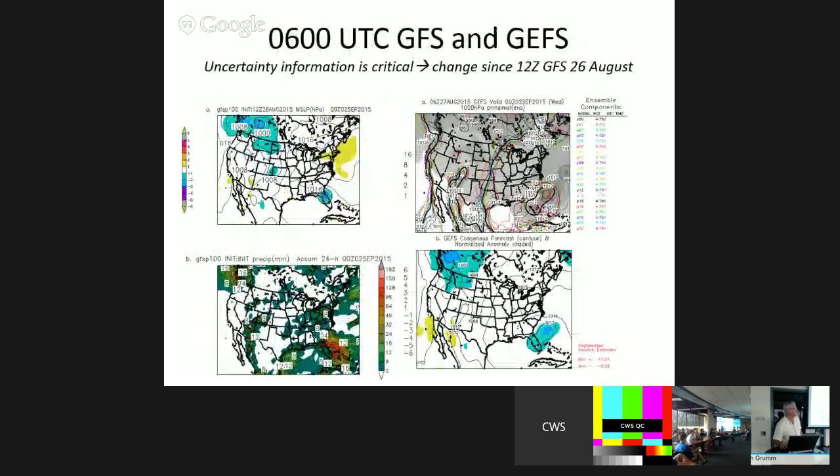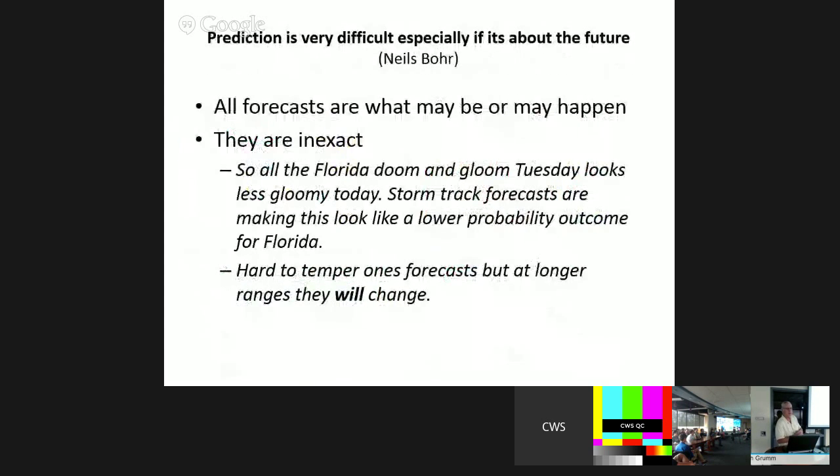Anyway, we have to always be mindful that prediction is very difficult, especially about the future. So all forecasts really should be taken from the approach of what may happen, not will happen. We tend to be over specific about what's going to happen, especially when we're trying to sell 24-hour news and weather. So our forecasts are always inexact.